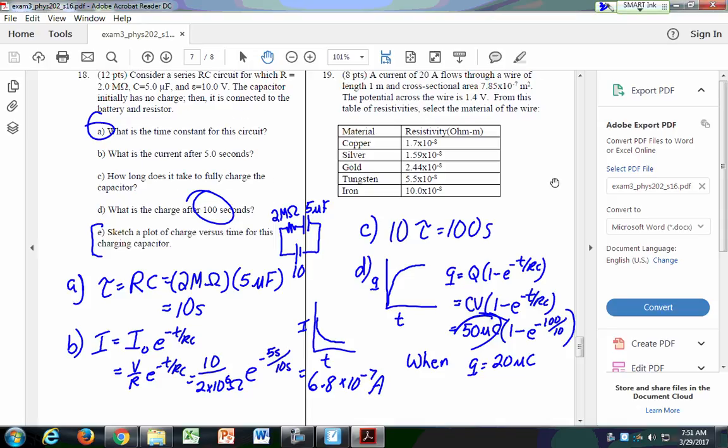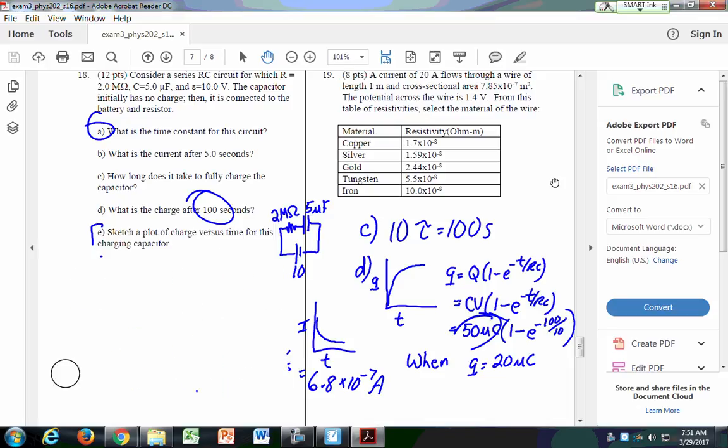I'm going to erase this left-hand side. When is Q equal to 20 microcoulombs? Well, I would say 20 microcoulombs is equal to C times V, that's 50 microcoulombs, times 1 minus e to the minus t over 10, because 10 is my time constant. And then I would solve that for t.